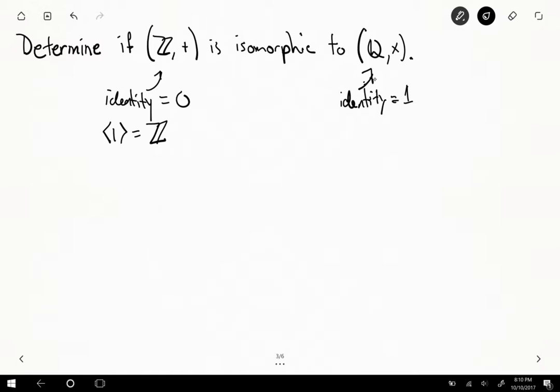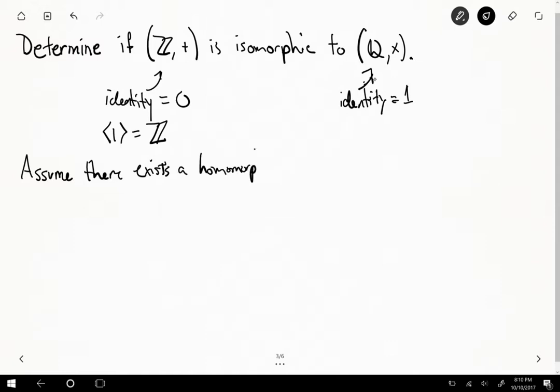Now, how do we move forward here? Let's just assume there exists a homomorphism, and we'll call it, pick your favorite Greek letter, phi, from the integers to the rational numbers.